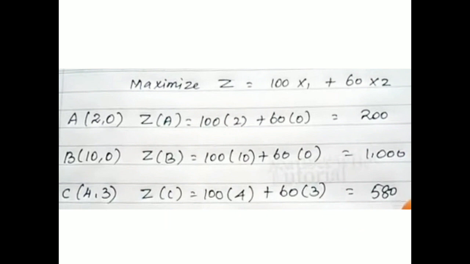Now after finding the values of the objective function for all the corner points, I have to verify which value is maximum. Since the question is to maximize the objective function, among these 3 values, I found that for point B the objective function is maximum, that is 1000.